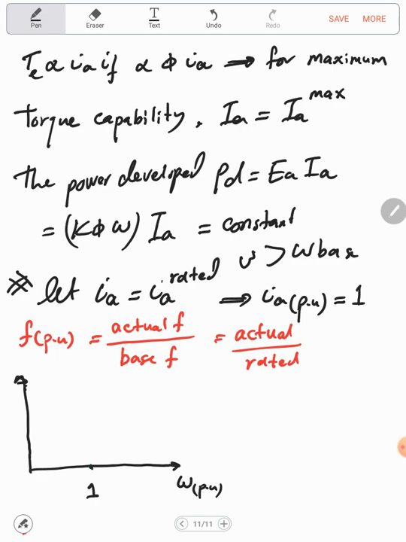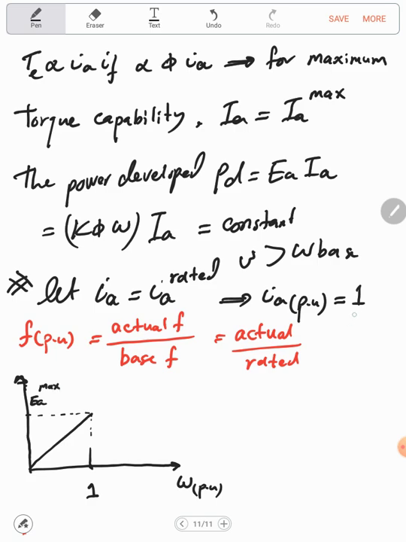And the voltage will be increased, and the back EMF will increase until it reaches its maximum value, EA max.